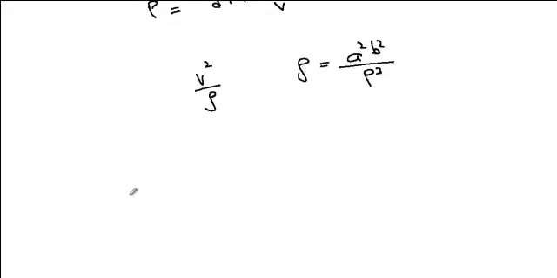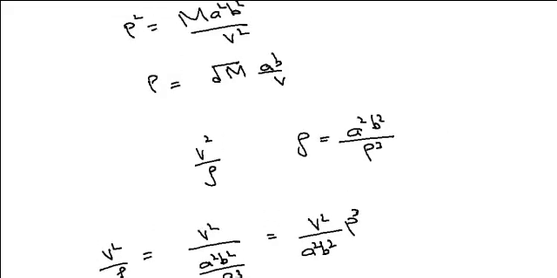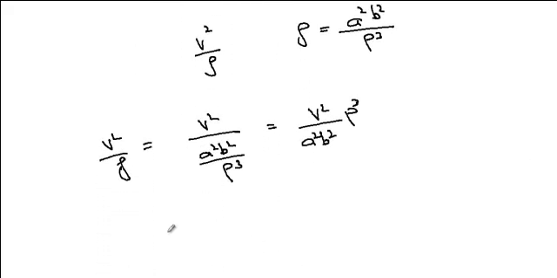So this v square over rho can be written as v square over a square b square over p cube, which is equal to v square p cube over a square b square, and the value of p we have already found above, that is square root of m into ab over v.